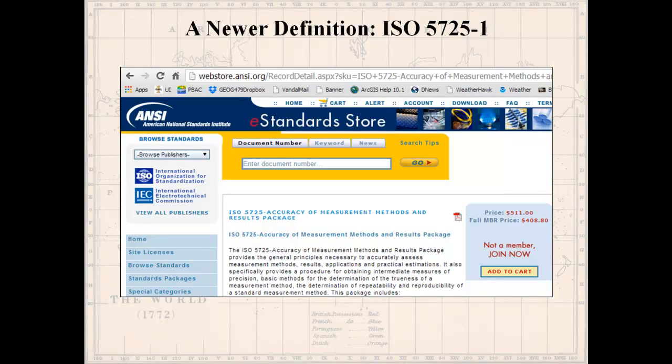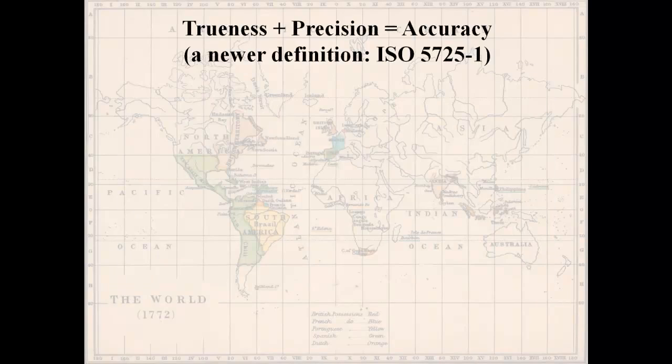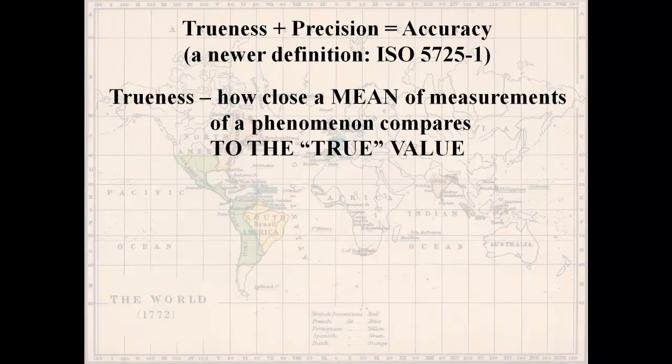So the people who think about this and know about it have come up with a standard that better reflects the concepts of how close something is to the true value and how close repeated measurements are to each other. In the new definition we have accuracy and precision still, but we introduce something called trueness. We didn't have trueness before, but we have it now. What the heck is trueness?